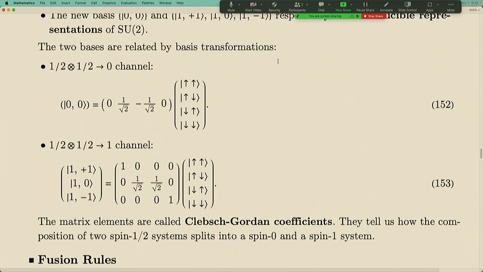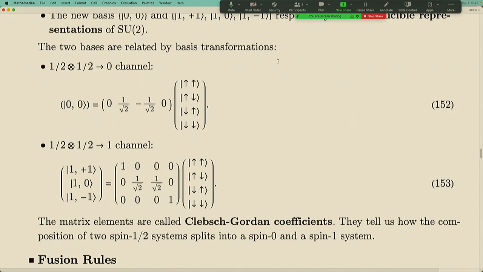So you should really think of a channel as a projection operator. These operators take, for example, 1/2 and 1/2, which has 4 basis states. And these channels or projection operators take 4 states and project into some number of states which is less than 4. So these channels always look like matrices which have fewer rows than columns.